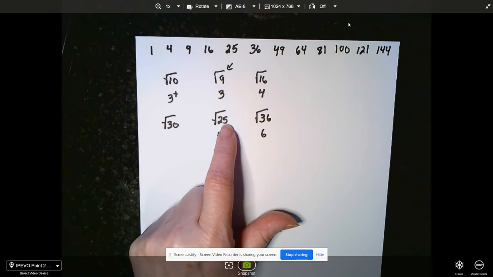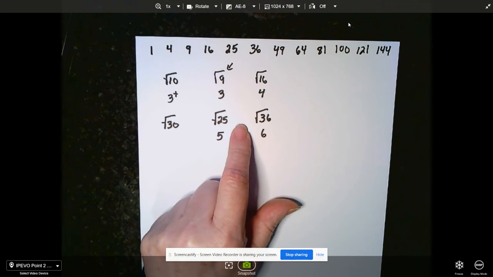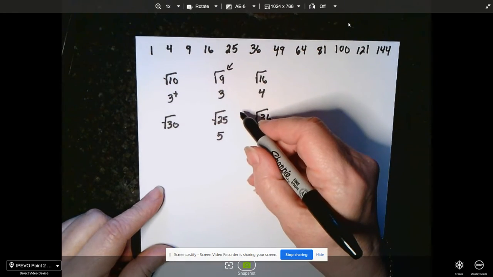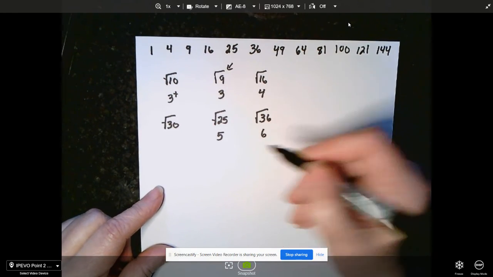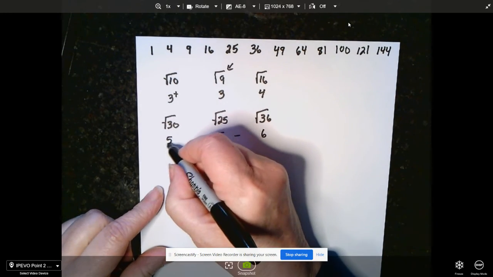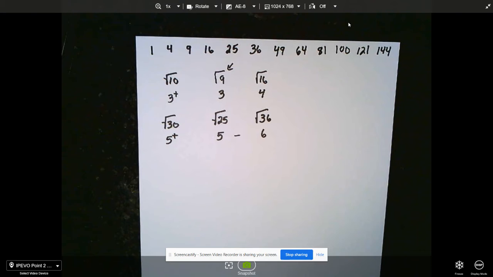Now 30 is 5 more than 25, and then 6 more gets me to 36. So it's pretty much in the middle, a little bit closer to 5 than 6, but certainly between 5 and 6. So a little bit more than 5, really probably closer to 5.5.